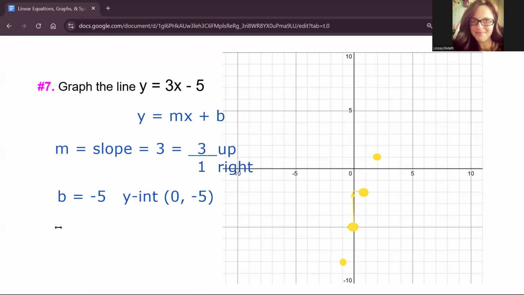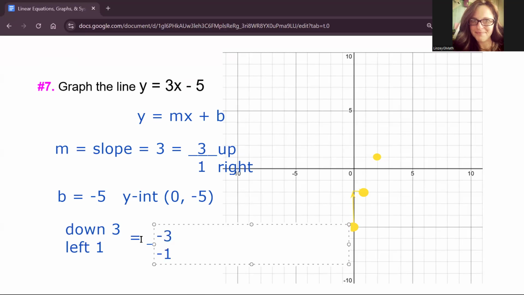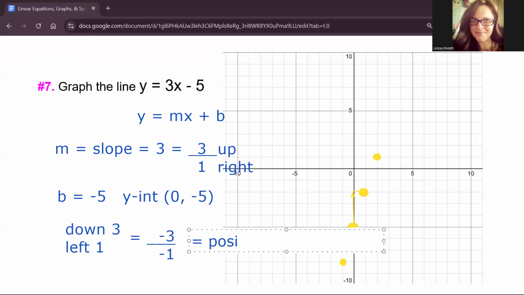Down and left, 2 negatives will make a positive slope. Positive slope. And then we can draw our line by connecting those points.